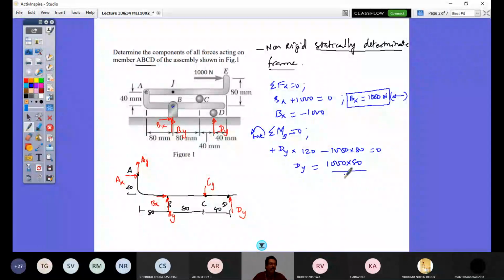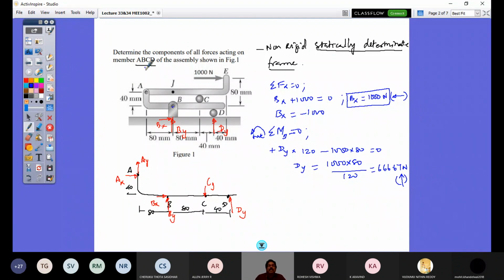So by solving for Dy, I get 1000 into 80 by 120. What would be my answer? It is 6.67 Newton. Since it is positive, my Dy direction is correct. I would take that upward, acting upward. So now I have got Bx, By and Dy. And now I will look at the free body diagram of my interest, of what is asked in the exam.